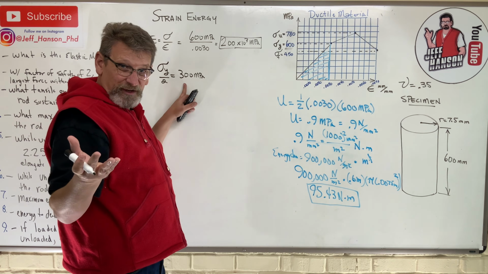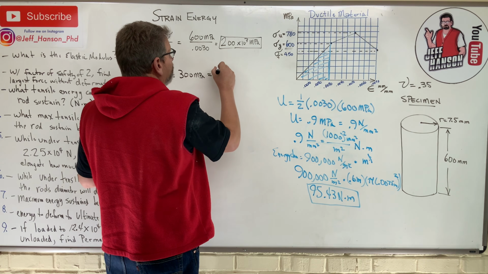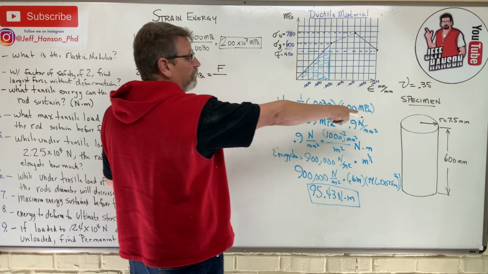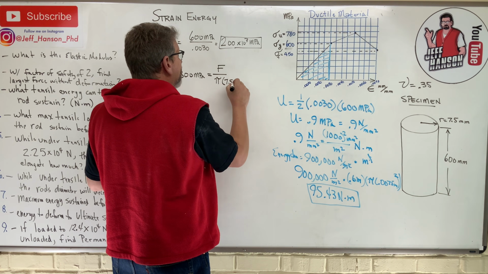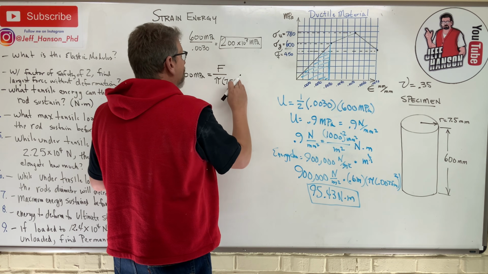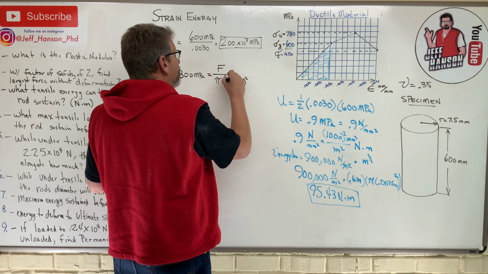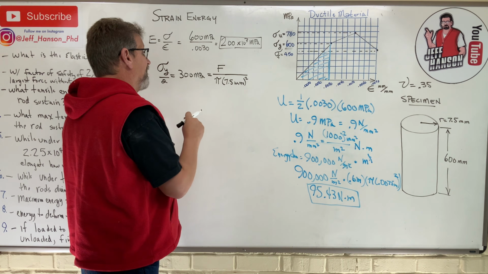That's normal stress. What does normal stress come from? Well, it comes from the force over an area. And our area is what? Pi times 7.5 millimeters squared, right? So take 300,000, multiply it by that, and I have F, right?